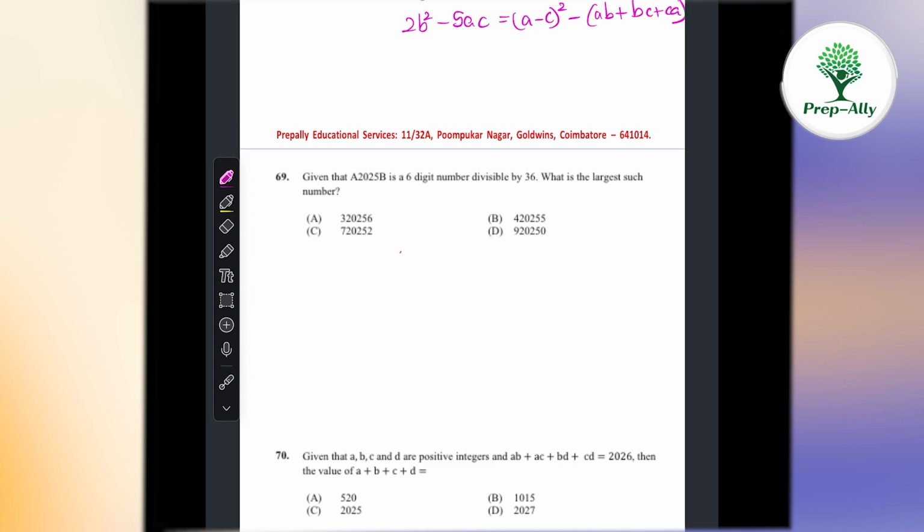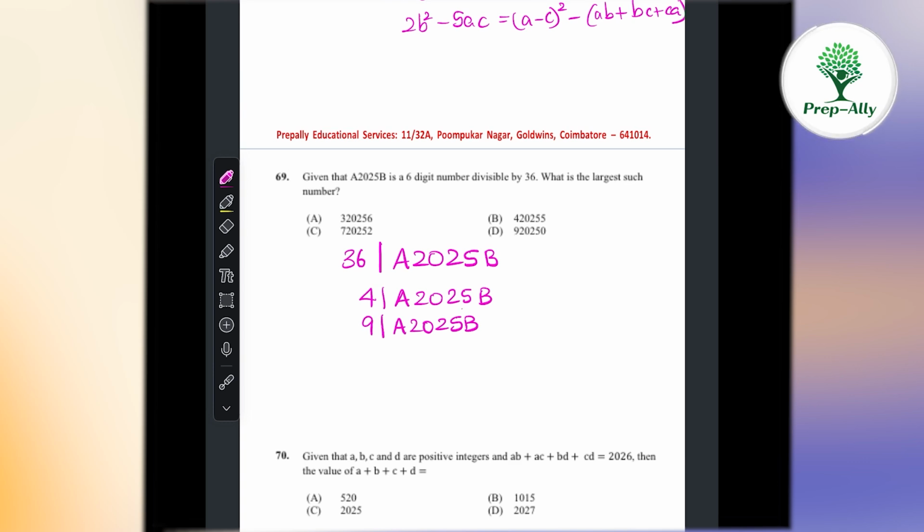So we have a 6-digit number A2025B, and it's divisible by 36. 36 divides this number. So 4 divides this number, and 9 also divides this number, right?